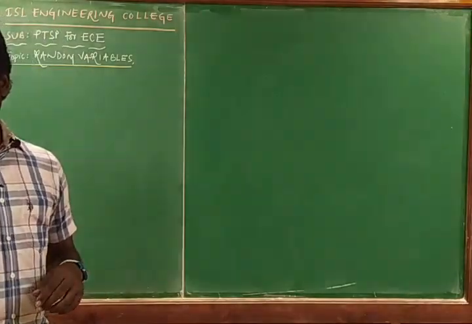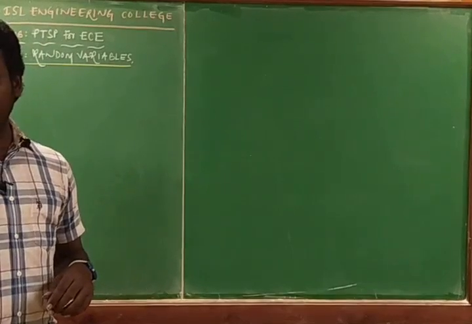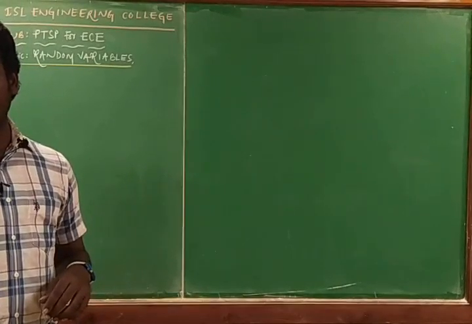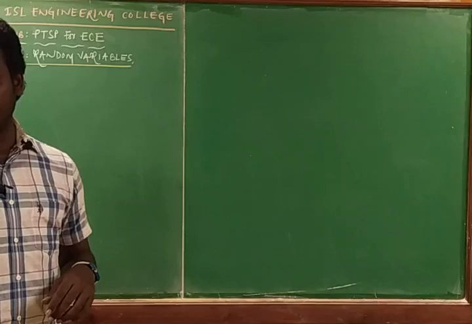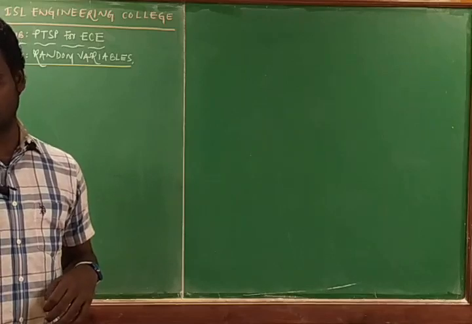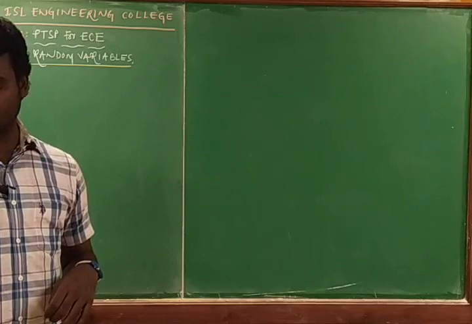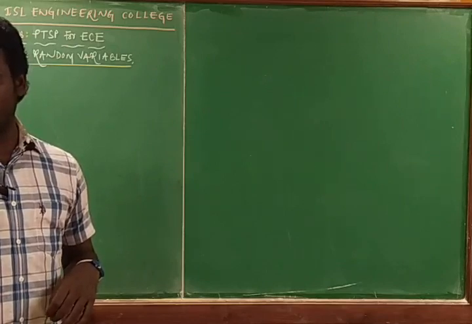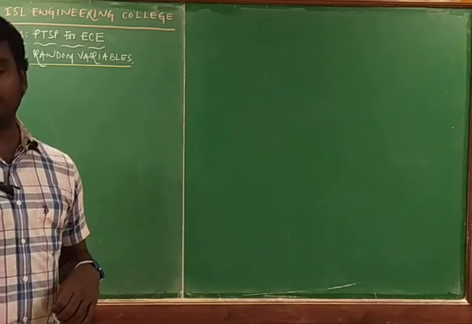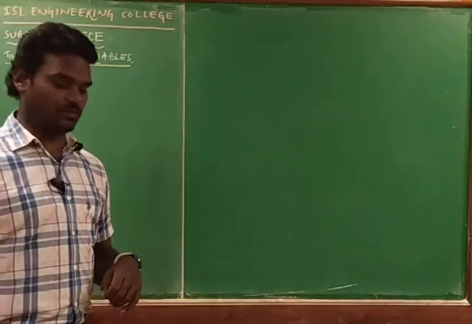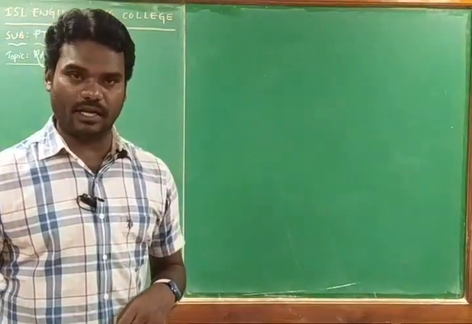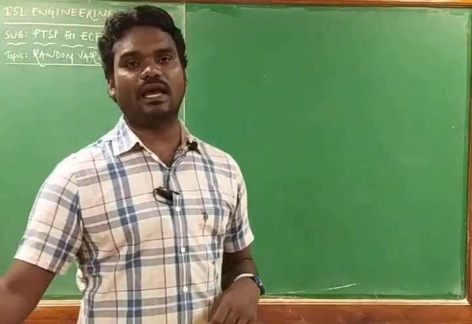Now, let x be assigned to each point a comma b, the maximum of its numbers. X of a comma b is equal to the maximum of a comma b. Find the probability distribution function. The probability distribution function is nothing but a table between x and P of x.